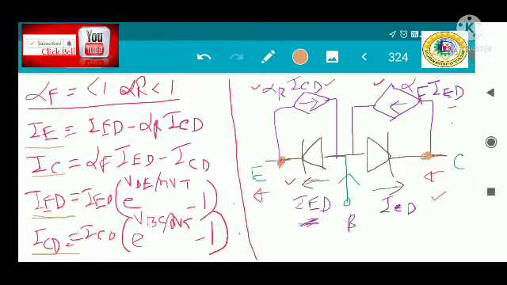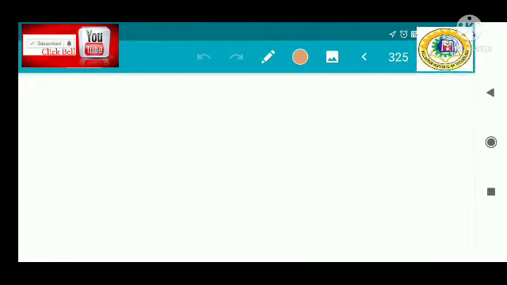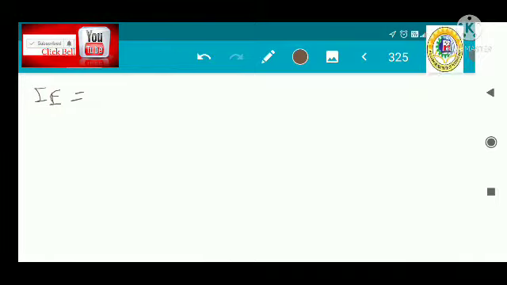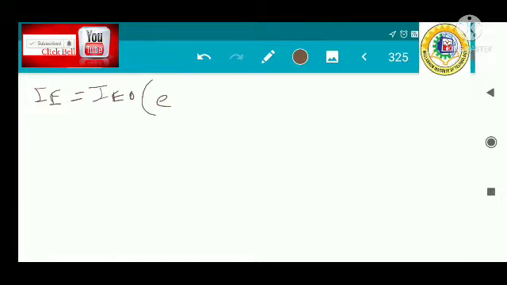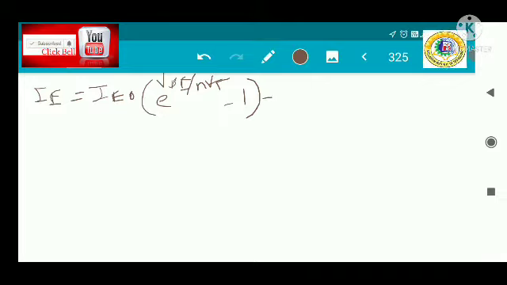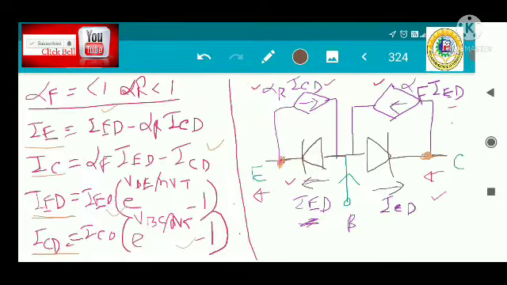Next, if we simplify further, I am just replacing IED and ICD with their equations, and then we get a complete picture of IE and IC. So IE is nothing but IE0 e to the power VBE divided by eta VT, minus 1, minus alpha R ICD.